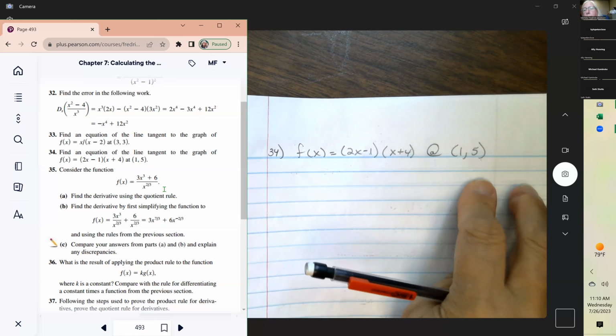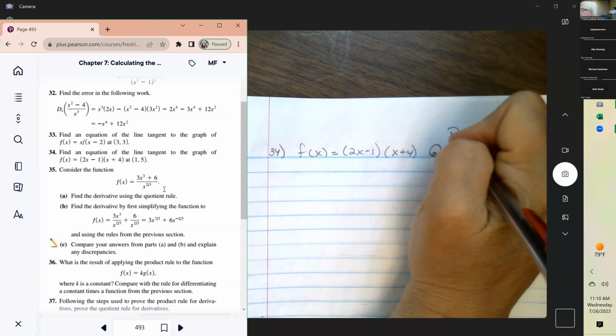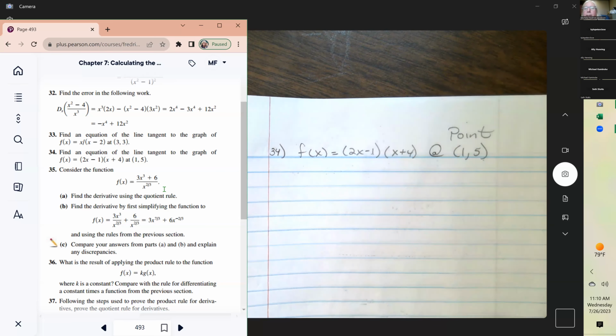Again, they gave us the point. So we need to find the slope and then we can get the equation.